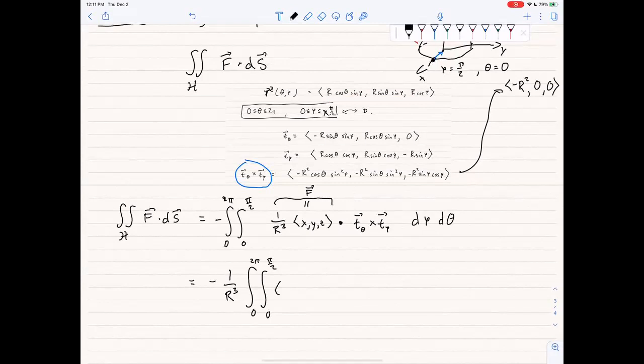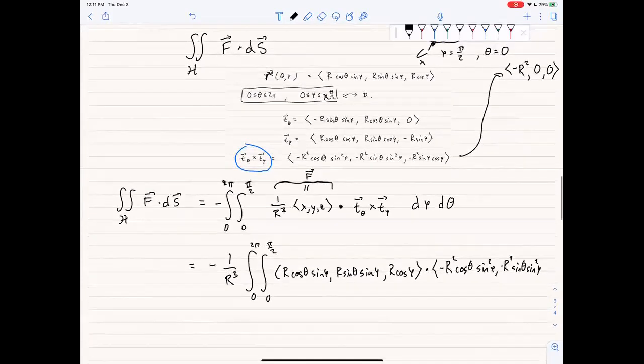So I get r cosine theta sine phi, r sine theta sine phi, r cosine phi, pardon me. And here I'm going to dot with this guy, which is negative r squared cosine theta sine squared phi, negative r squared sine theta sine squared phi.